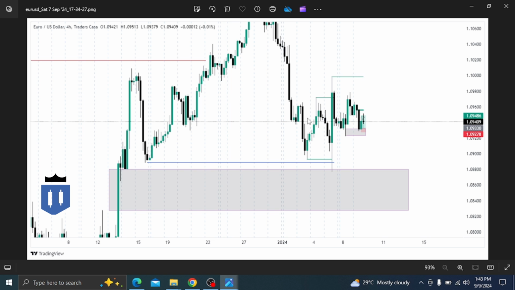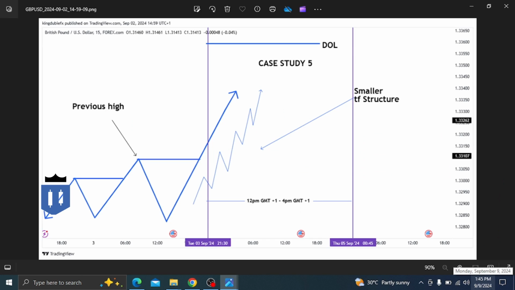Okay, so we'll see the particular price pattern that matches with this. Now this is the exact price pattern that suits it. You can see the break of structure happened a day before my trading period. So what is that?